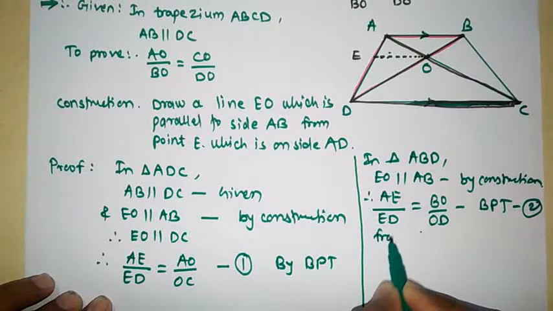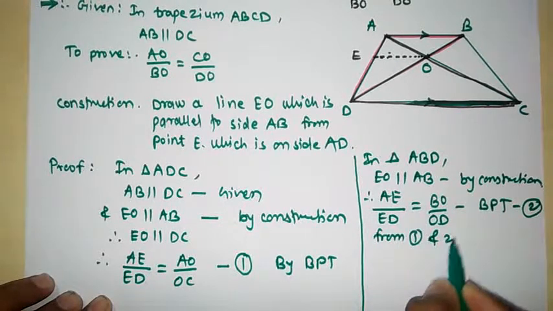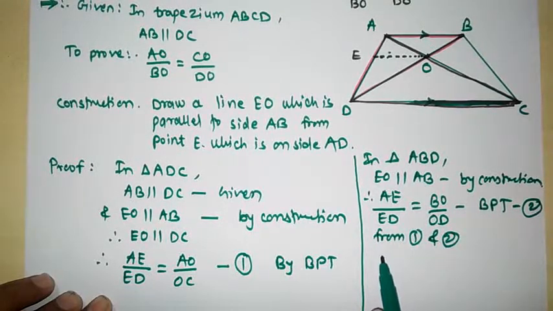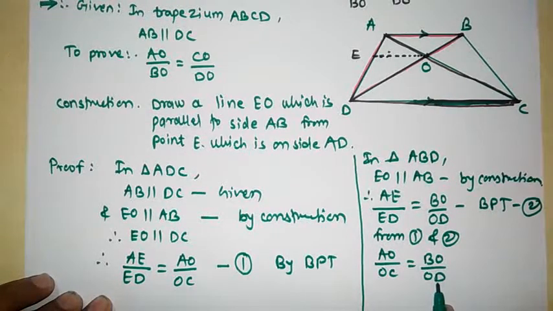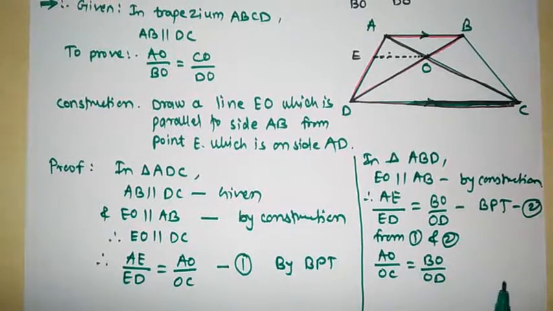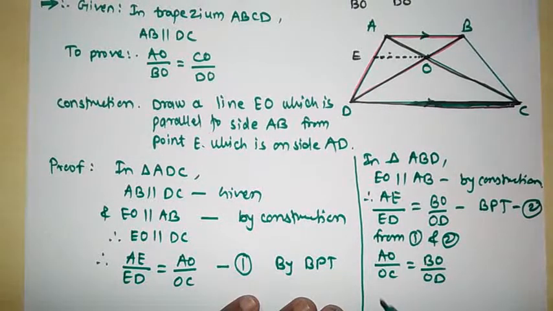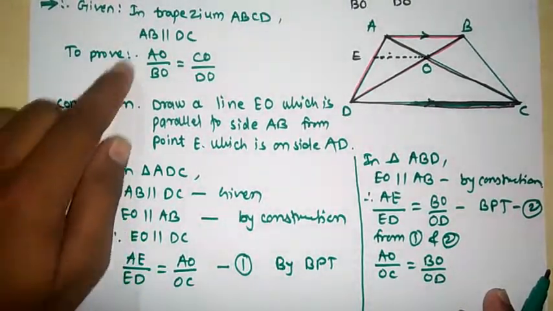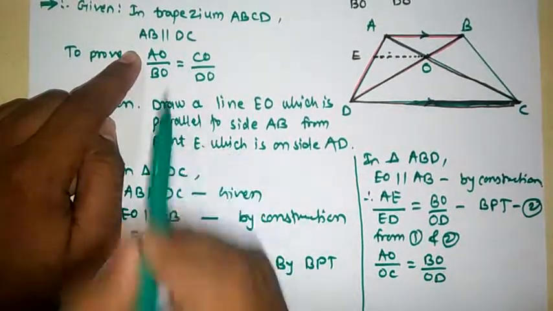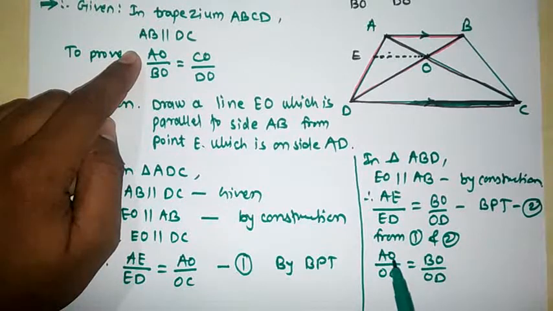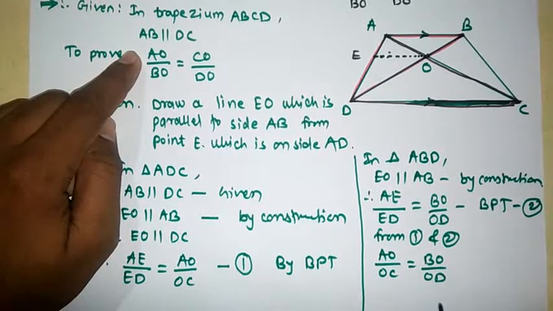From 1 and 2, AO divided by OC is equal to BO divided by OD. Now send this OC towards the right hand side. In the proof, we want AO divided by BO and CO divided by DO, but here we got AO divided by OC and BO divided by OD.